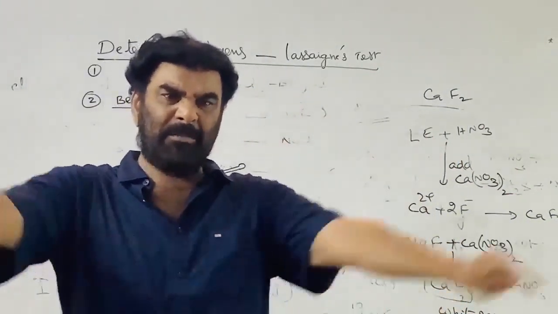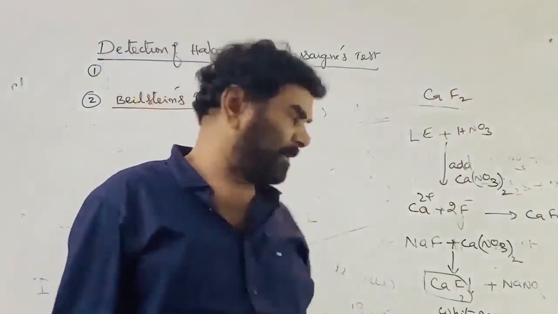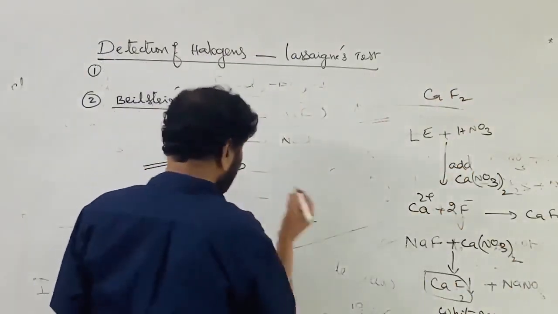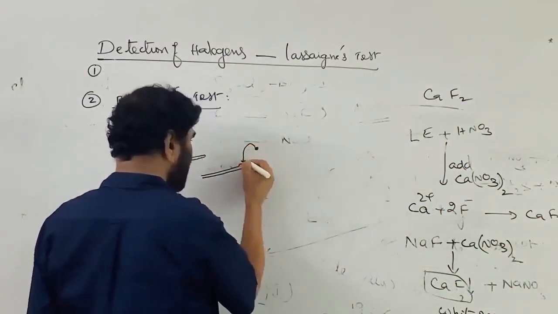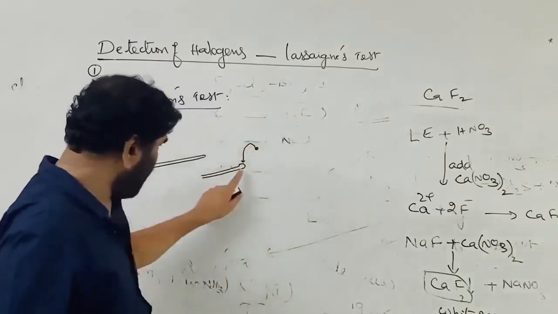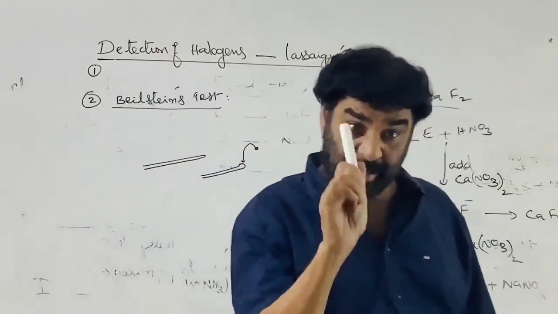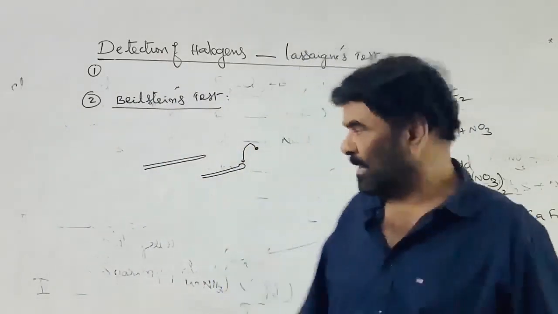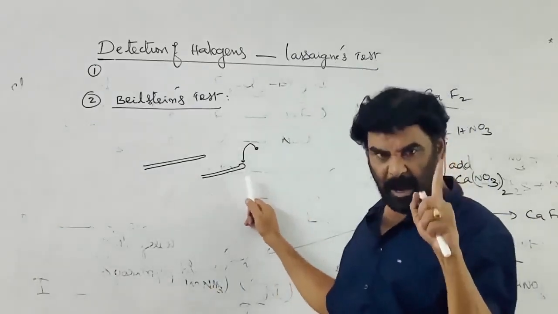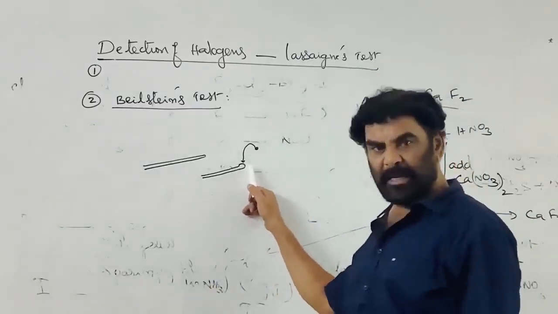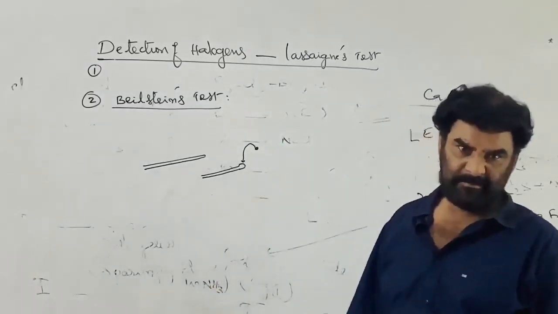All the volatile impurities associated with the copper surface are eliminated. Now a small amount of the organic compound is placed on the flat end of the copper wire. The organic substance is used directly.